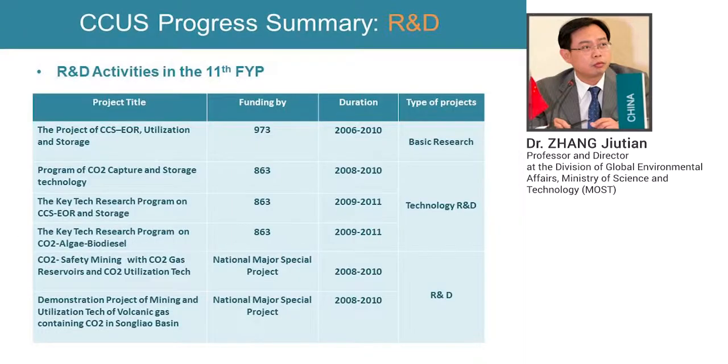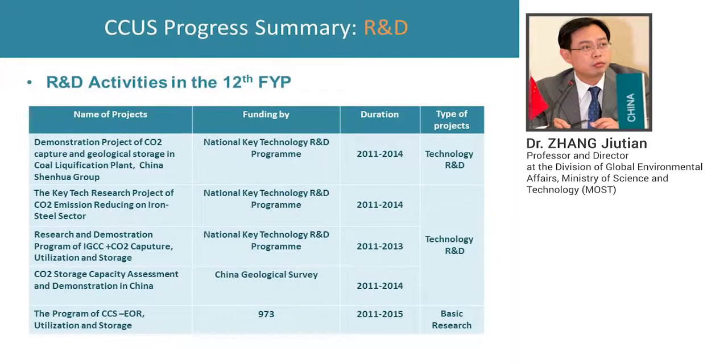China supported the CCUS activities through R&D from 11th five-year plan in various stages: the basic research, the technology development and demonstration. And in 12th five-year plan, the emphasis of supporting this technology shifted to utilization technology.